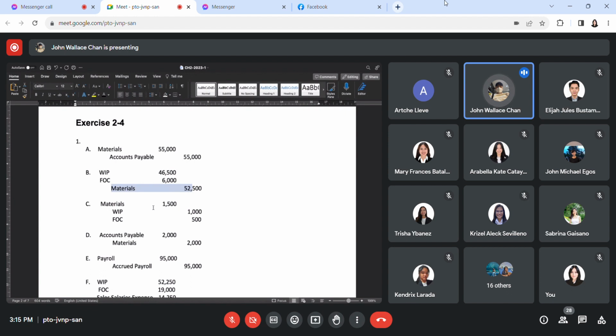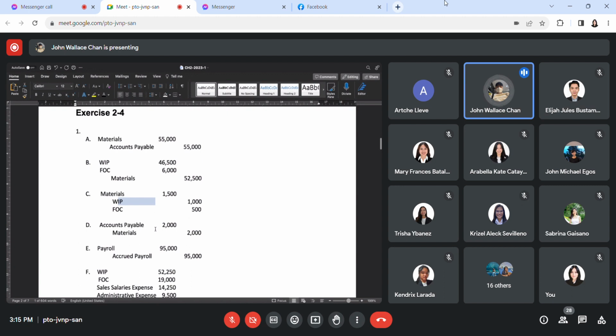For letter C, materials returned to the stockroom from the factory total to 1,500 pesos, where 500 pesos were indirect materials. So debit your materials kay gi-return mo, and then we credit factory overhead control since 500 were indirect materials, and then the rest we put in the work in process account.